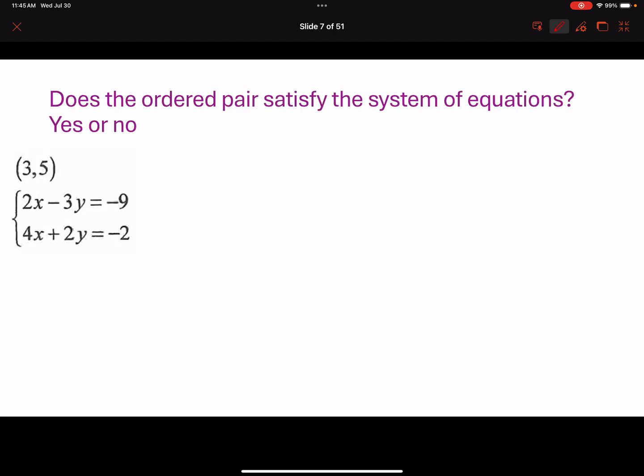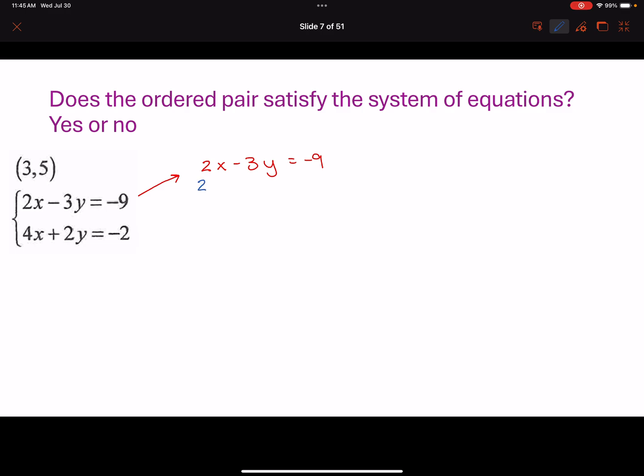Okay. Again, we have another one to test out. This is more of the format of what's going to be on your homework. It'll say, does the ordered pair satisfy the system of equations? Yes or no. The steps are still the same. So for example, I have 2x minus 3y equals negative 9. Again, if you're going to test yourself, which I recommend, this would be a good time to pause.